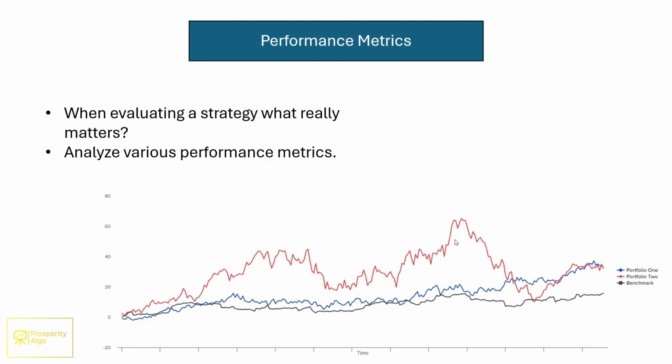We look at two different portfolios, Portfolio 1 in the blue and Portfolio 2 in the red. And as you can see, they both end up in the same place over a year, with roughly the exact same return.